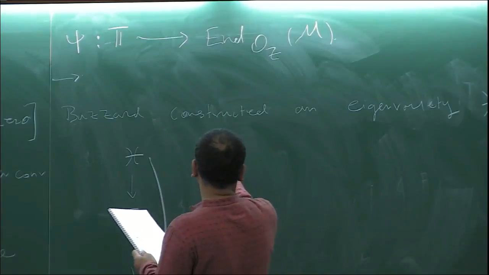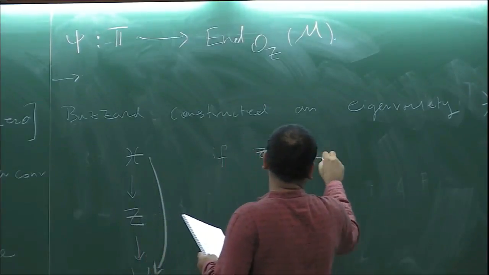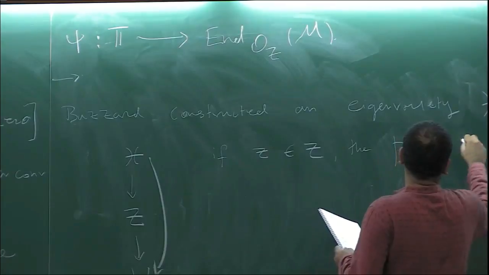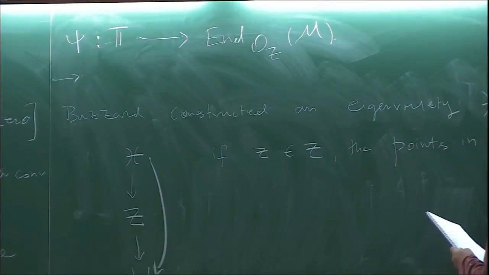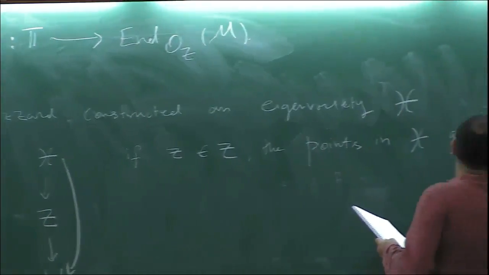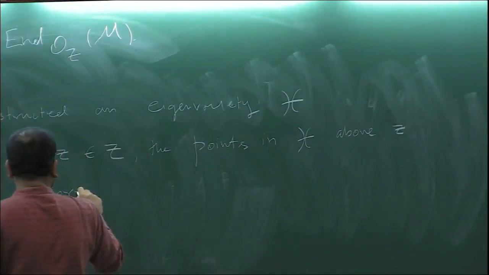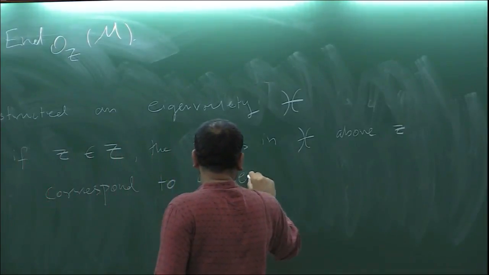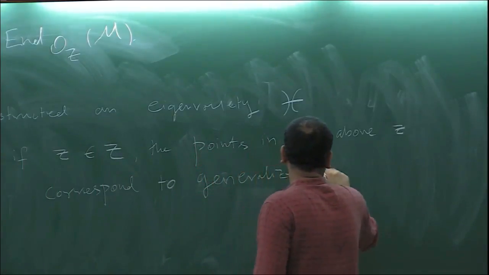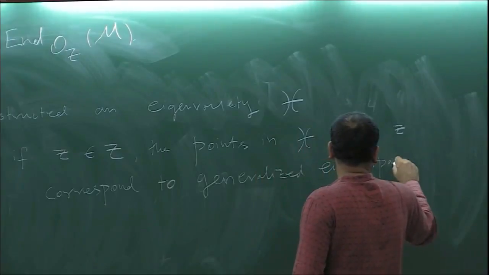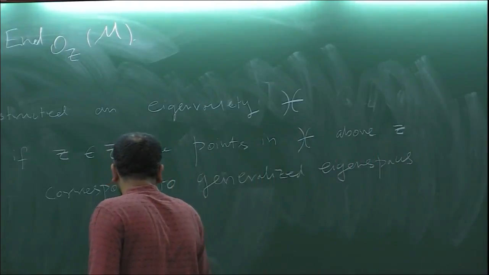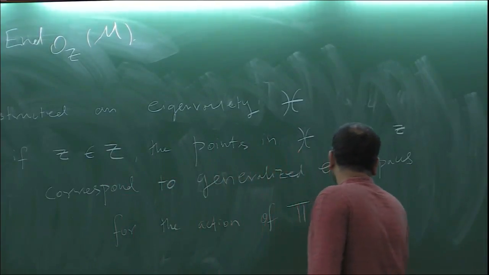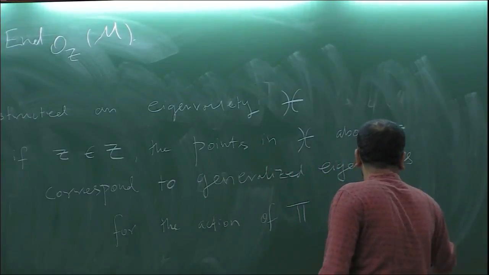If you take z in your spectral variety, then the points in X above it, basically the fiber, correspond to generalized eigenspaces for the action of T on the stalk of M at z.